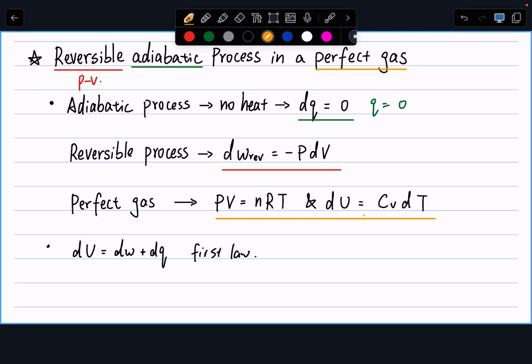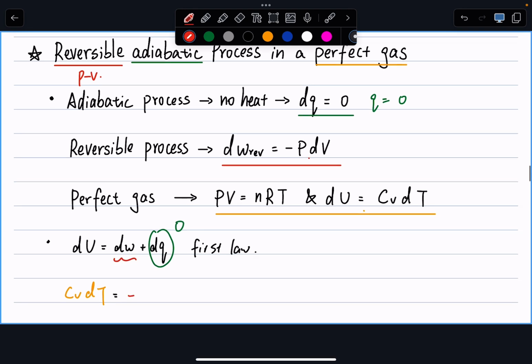Using the ideal gas, we know that dU equals Cv dT. On the right-hand side, we know that dQ equals 0 for the adiabatic process, and dW reversible equals negative PdV, or let's say negative nRT over V dV.